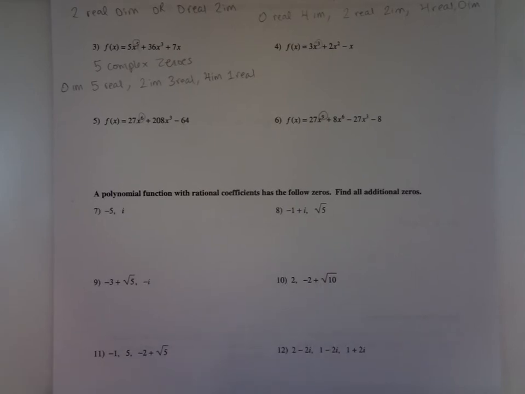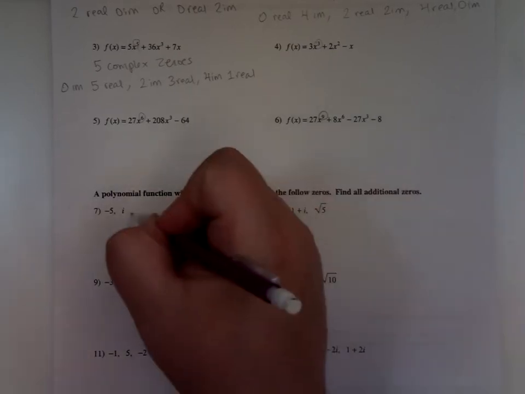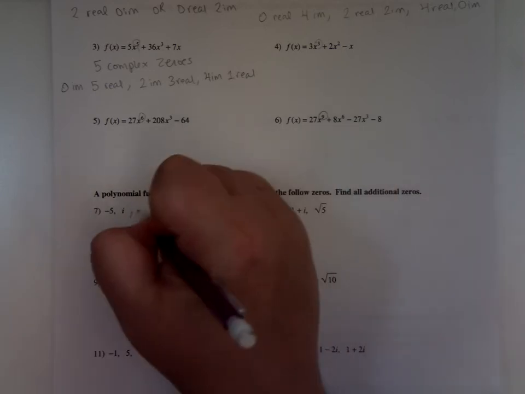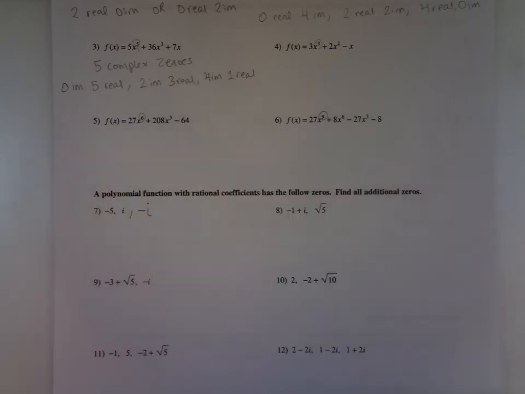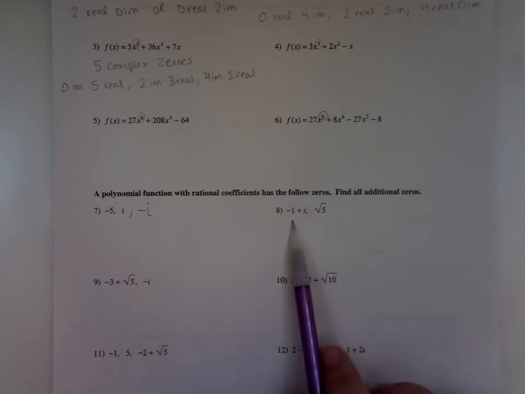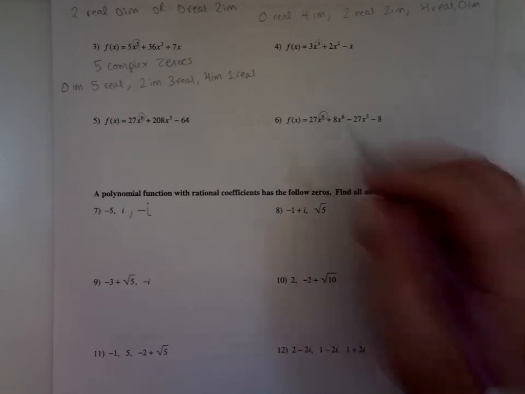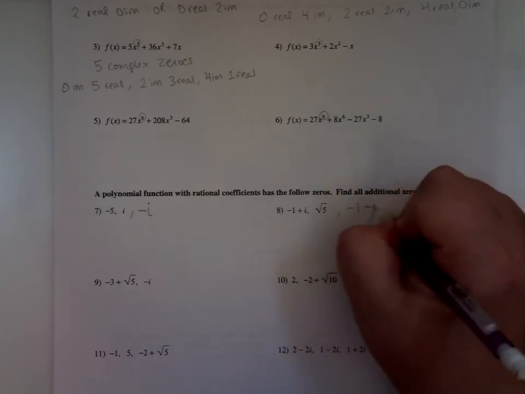So if we know that i is a 0, minus i is also going to have to be a 0. With negative 5, it doesn't necessarily need a conjugate, so it's fine by itself. Here, if negative 1 plus i is a 0, then negative 1 minus i is going to have to be a 0.